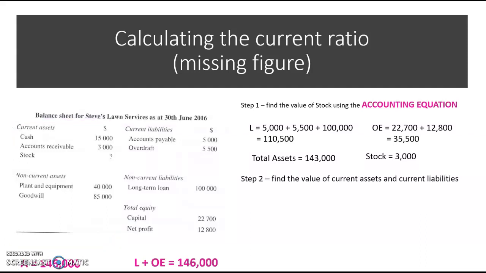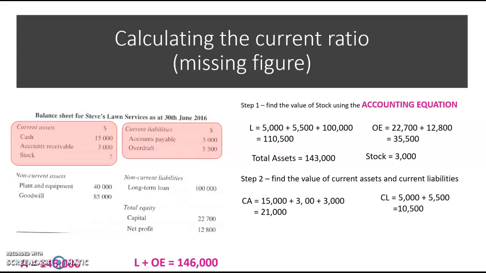Step 2, this time we just need to work out how much we've got in current assets and current liabilities. We know that we've got $21,000 now in our current assets because we've got $15,000 in cash, $3,000 in accounts receivable, and another $3,000 in stock.